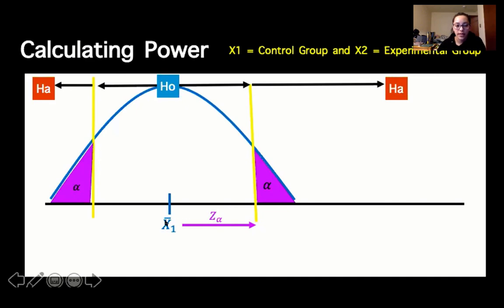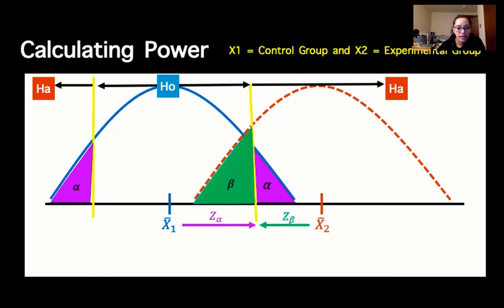So the distance from the mean to this region of rejection boundary has a certain z value. Now let's say that we found our mean of sample 2 and it landed out in this region, so it's in our region of rejection.